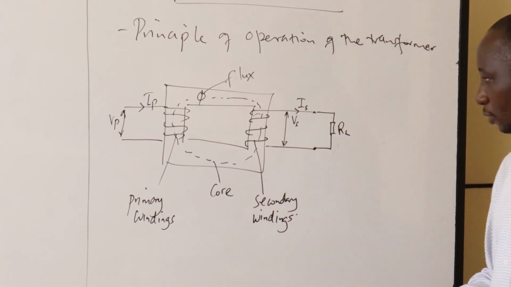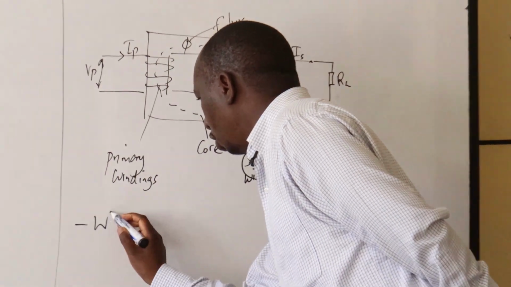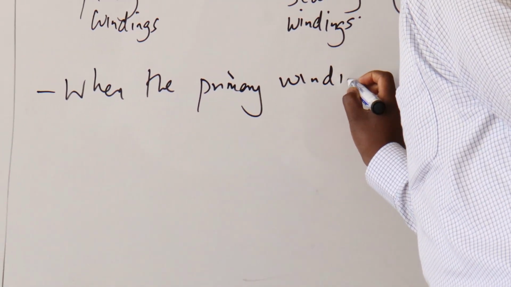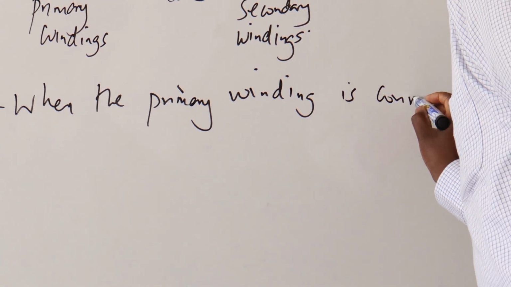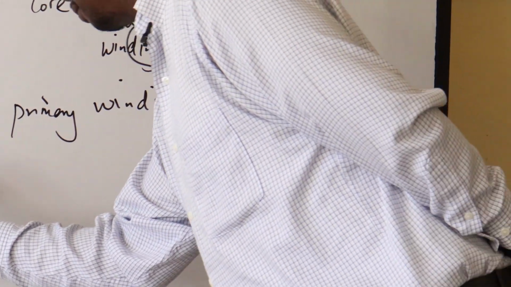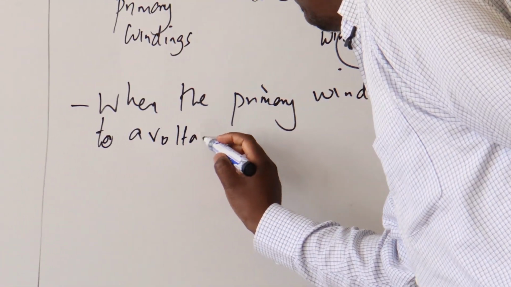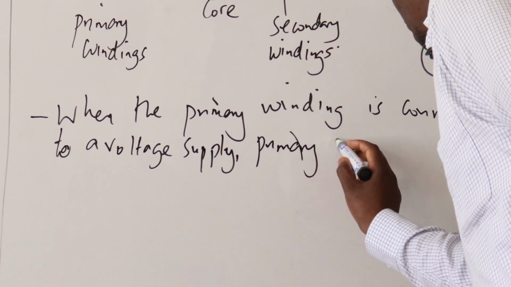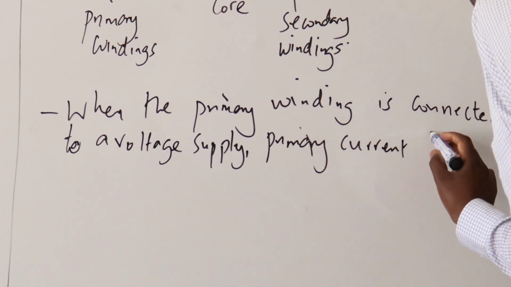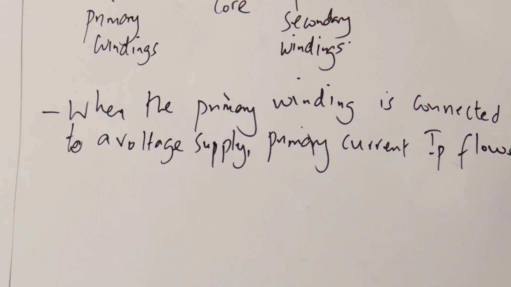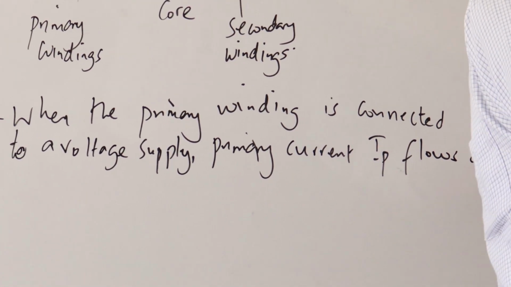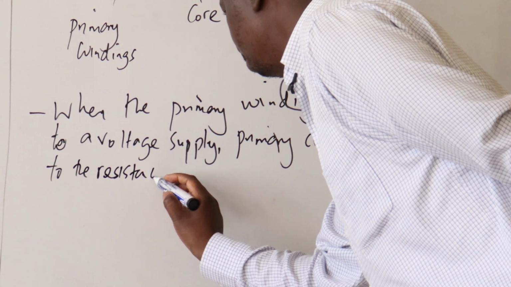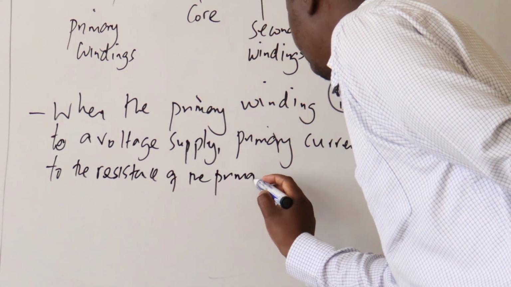So the first key thing that we normally state is the operation. When the primary winding is connected to a voltage supply, primary current IP flows due to the resistance of the primary winding.